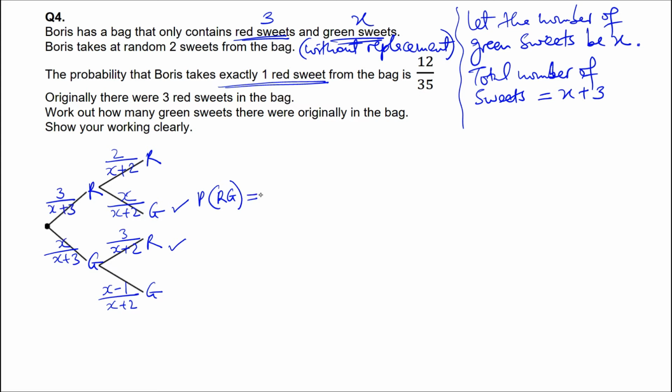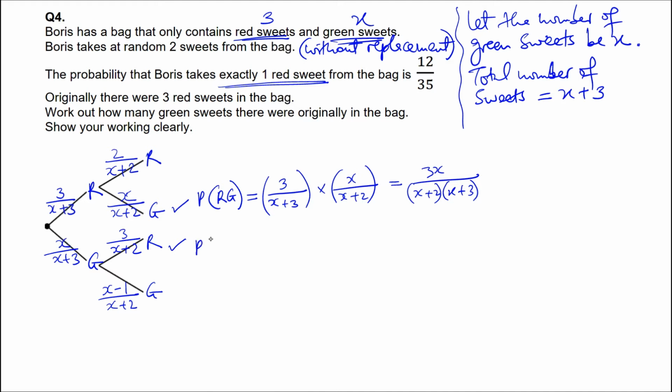The probability for that will be the product of these branches, which is 3 over x plus 3 multiplied by x over x plus 2, which gives 3x over x plus 3, x plus 2.